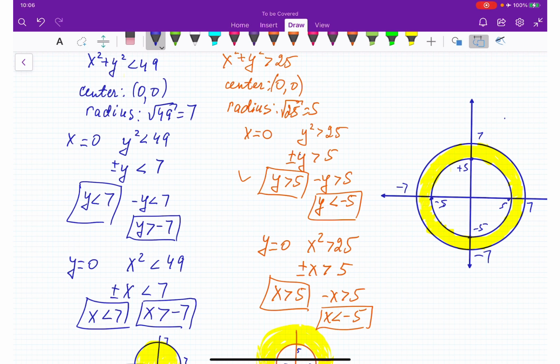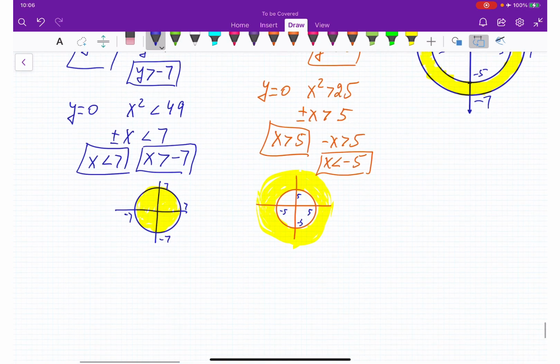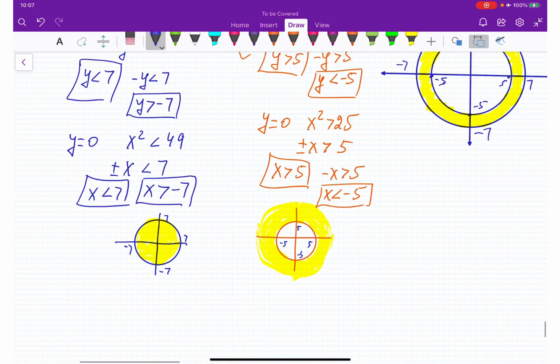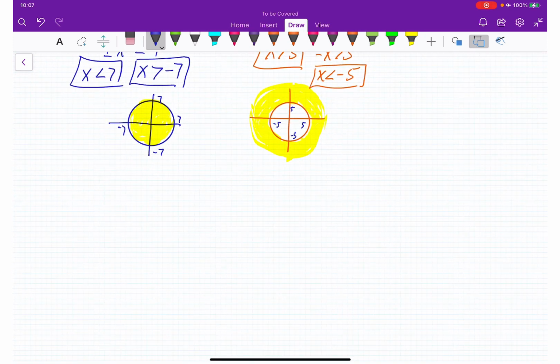All right, moving to question number 23. Now we are moving to graphing with three inequalities. Question number 23.